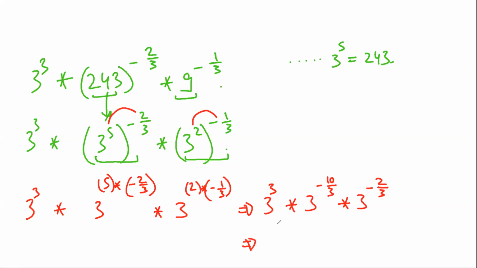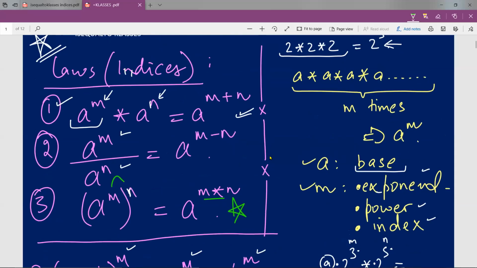Now what do I do? The bases are same, so I'll be applying this law, because the bases are same. So I have a into a, and I can have a corollary of this.